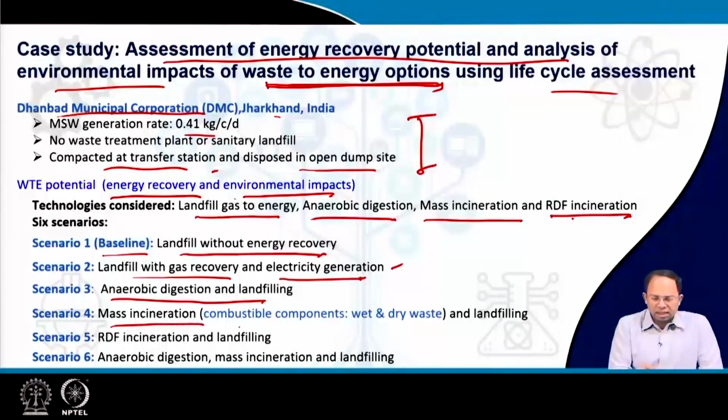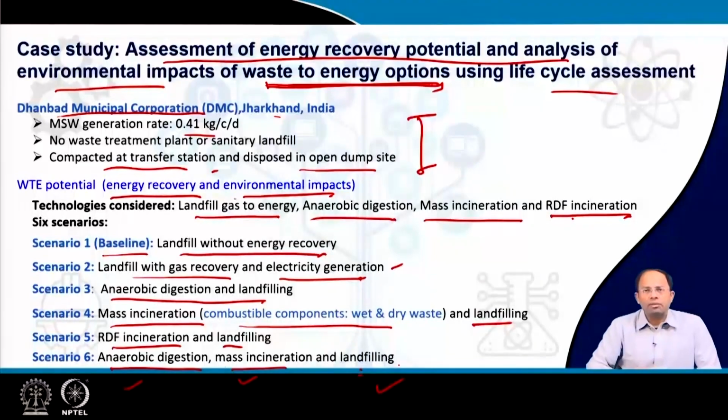Fourth, mass incineration, that is combustible components of wet and dry waste both go for incineration, as well as landfilling. Then RDF incineration and landfilling. That means some amount of waste is converted into RDF, the rest goes into the landfilling. Then anaerobic digestion, mass incineration and landfilling. That means organic waste is anaerobically digested like biomethanation, we have an incineration plant, and the remaining waste goes into the landfill site.